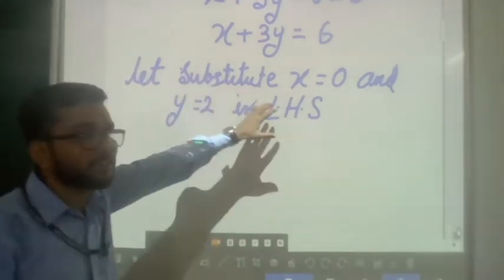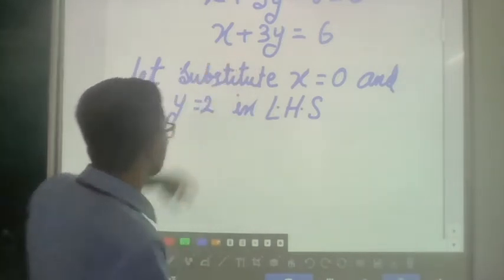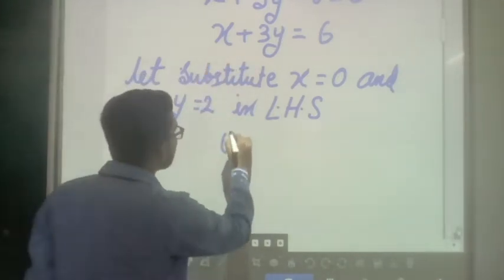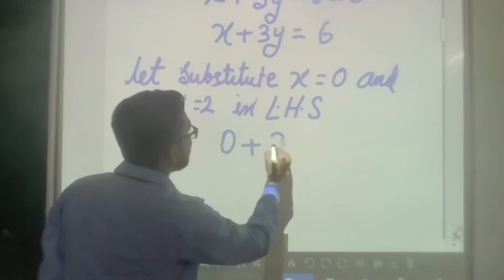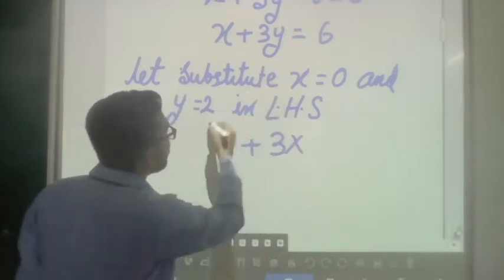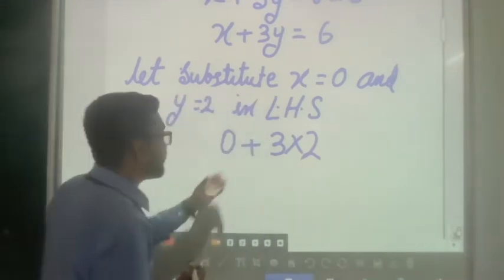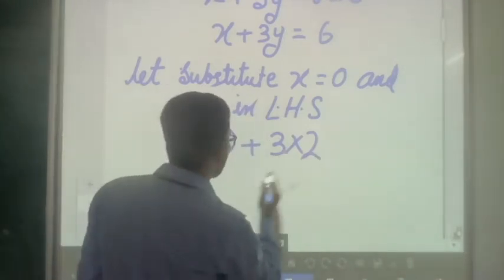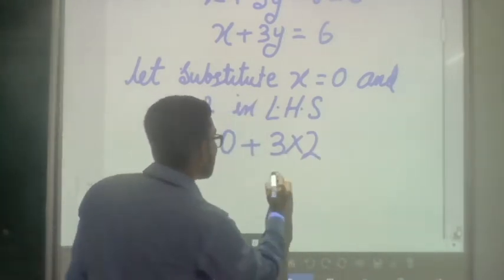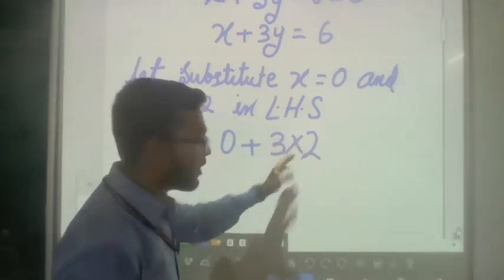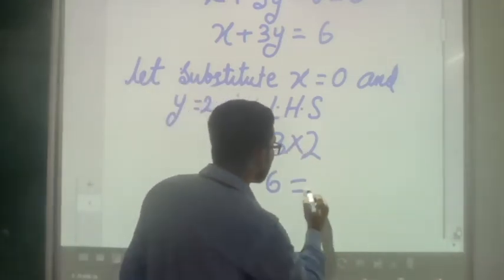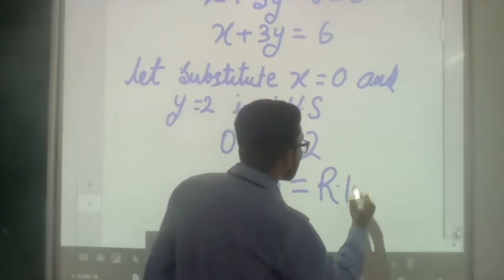If we take x is equal to 0 in this equation, then 0 plus 3 into y, which is 2. So what will happen? 0 plus 3 into 2, so 0 plus 6. 3 into 2 is equal to 6. This is equal to the RHS of this equation.